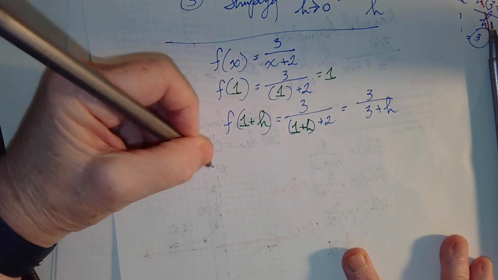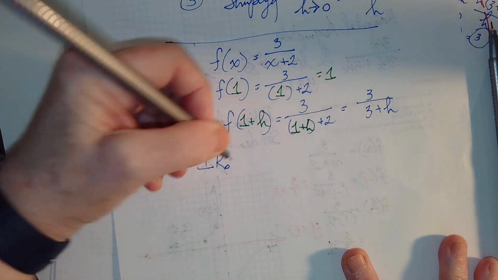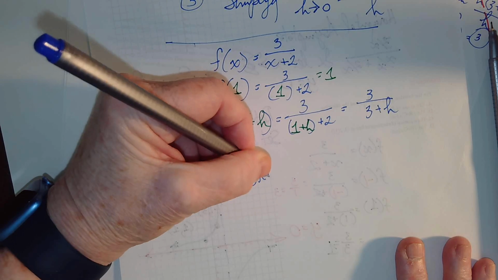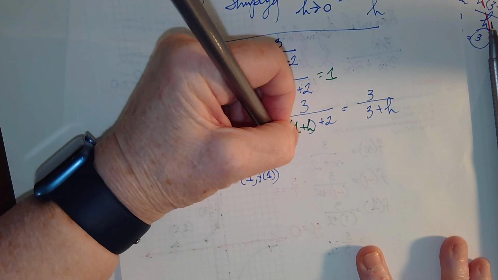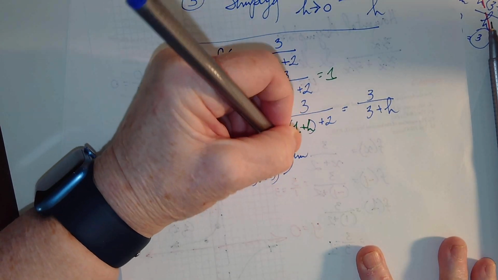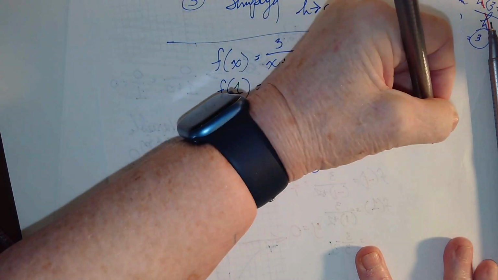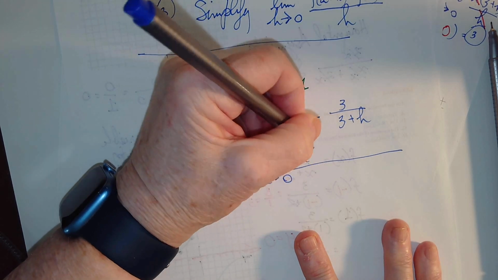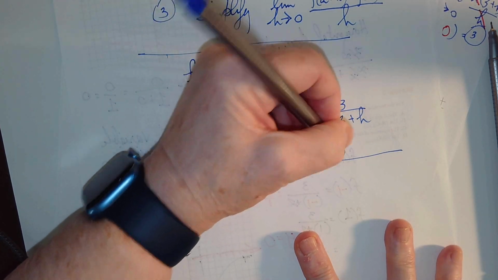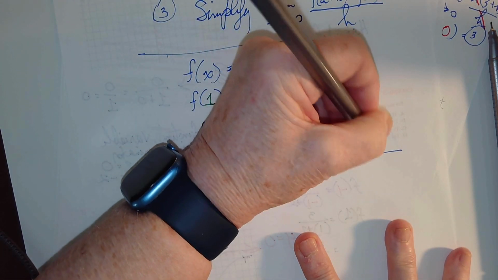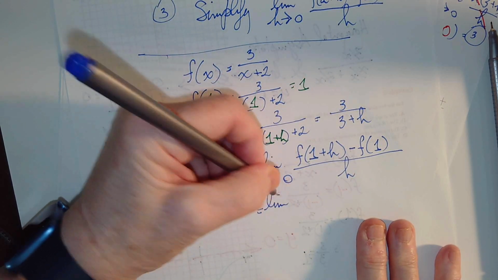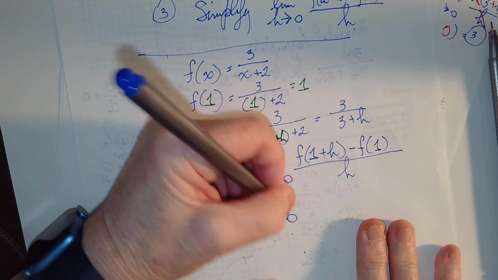So the instantaneous rate of change at the point 1, f of 1, is the limit as h goes to 0 of f of 1 plus h minus f of 1 over h.